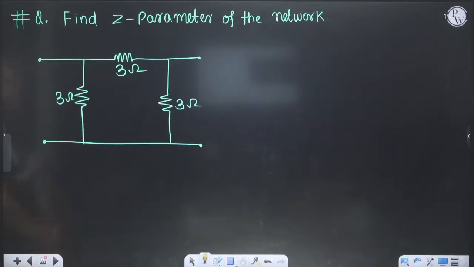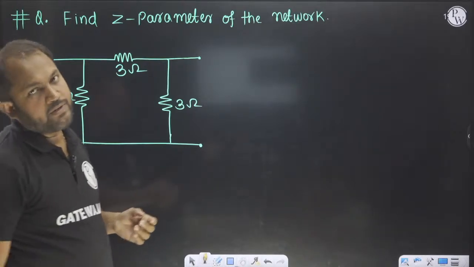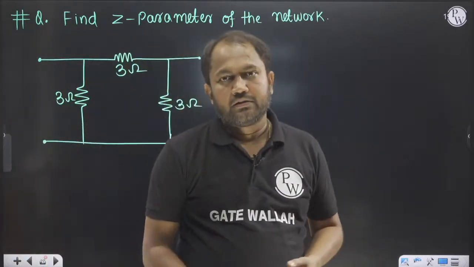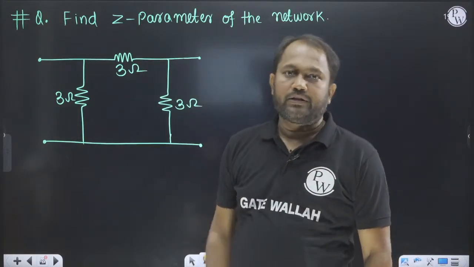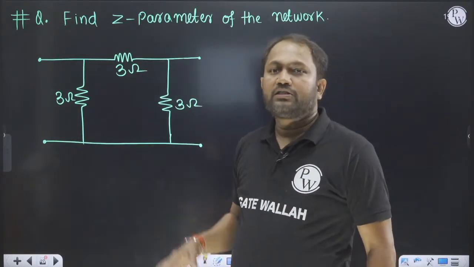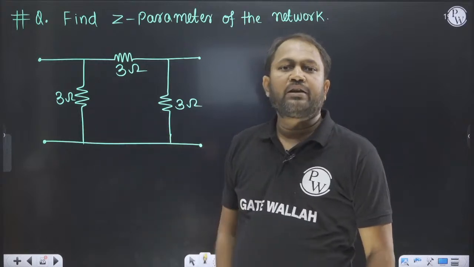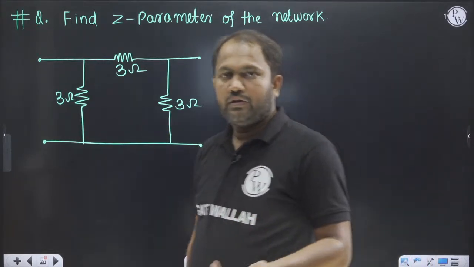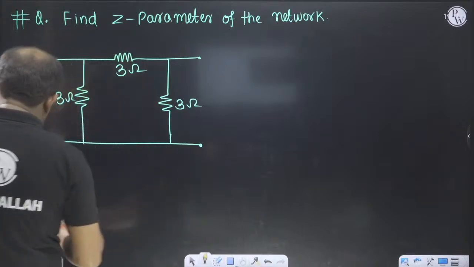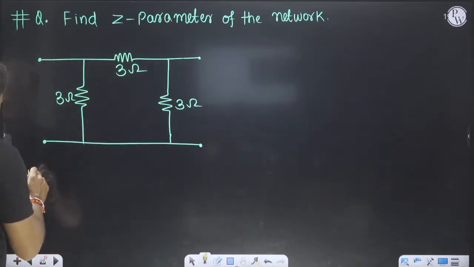Then we have the next point, Z parameter of this network. There are two methods by which we can calculate Z parameter. First we will calculate Y parameter, then we will calculate Z parameter. Or the second method is, first we will find out T network, then we will calculate Z parameter. So the first method I will try.